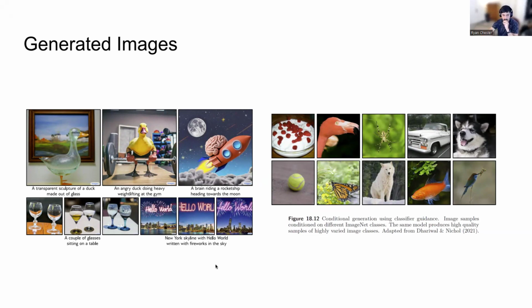I'd have to look in more detail at this specific example, but what I would imagine is they have a bunch of image caption pairs, and they're able to take this caption describing the image, pass it through BERT, get an embedding, and then generate an image based on that.